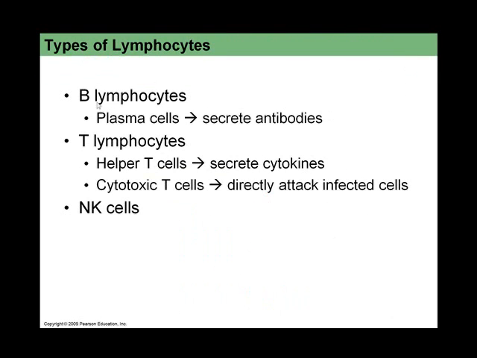The types of lymphocytes are B lymphocytes and T lymphocytes, and the NK cells. So we said that the NK cells also reflected this transition from non-specific to specific. Certainly the B lymphocytes and the T lymphocytes are well within the specific category, but remember that the T helper cell, I think we had mentioned, and we'll see it, interfaces with the antigen presenting cells.